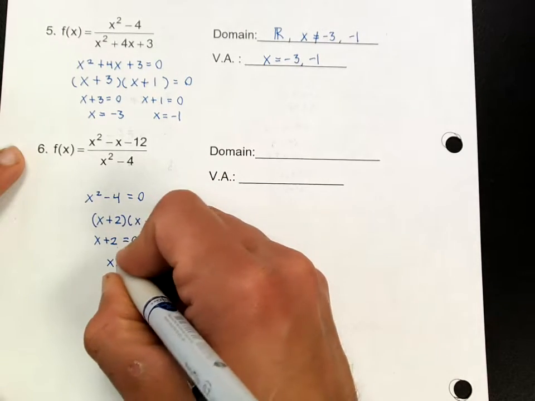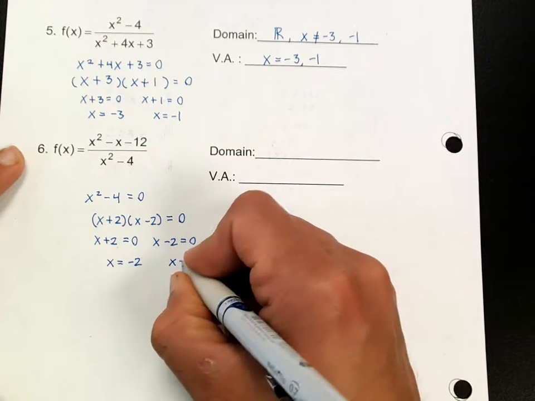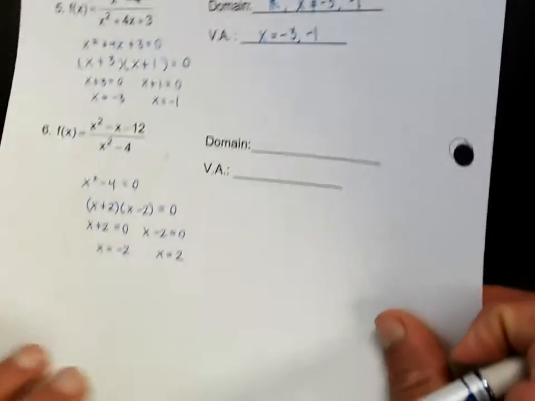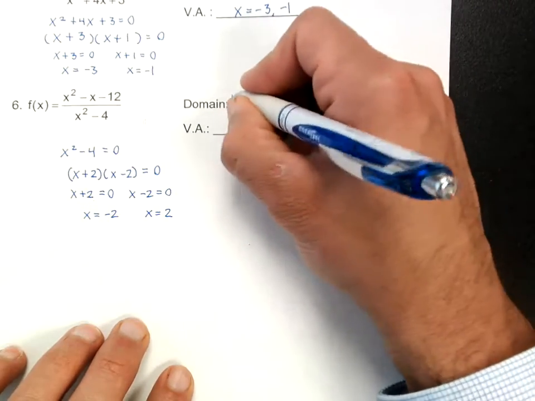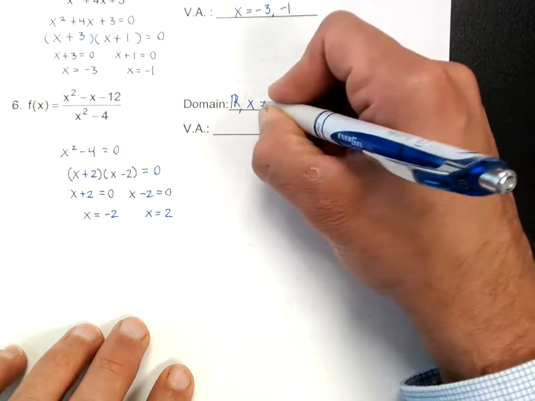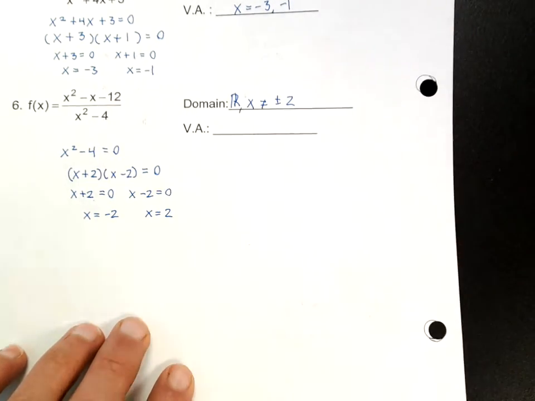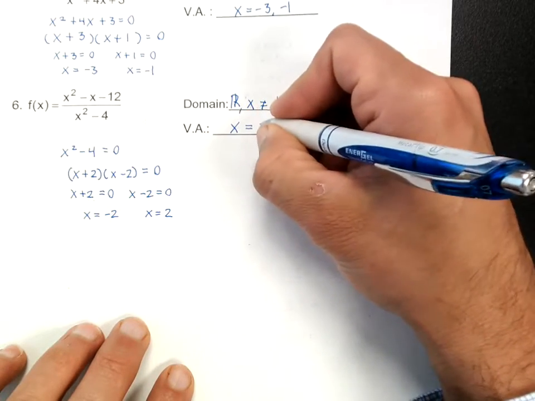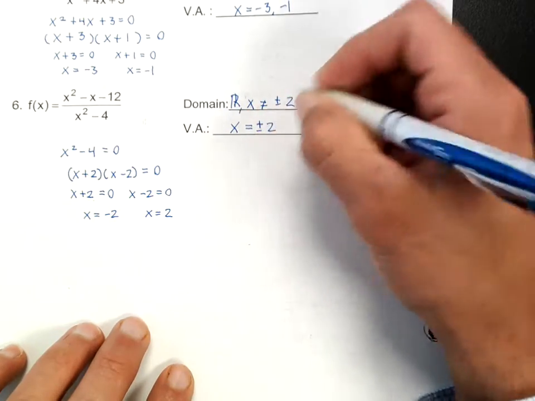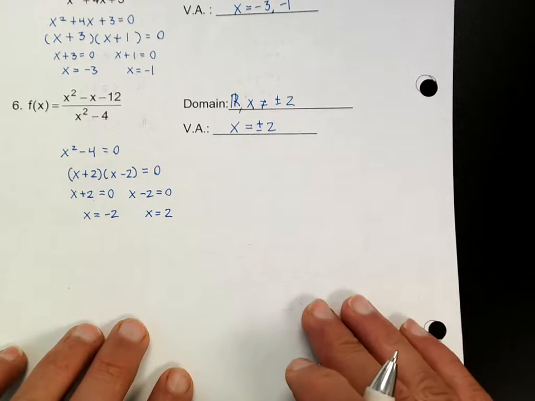So I got x is equal to -2, x is equal to +2. Alright, so my domain is going to be all real numbers except x cannot be equal to positive or -2. And in this case, my vertical asymptotes are going to be x is equal to positive or -2. So this one actually has 2 vertical asymptotes, right?